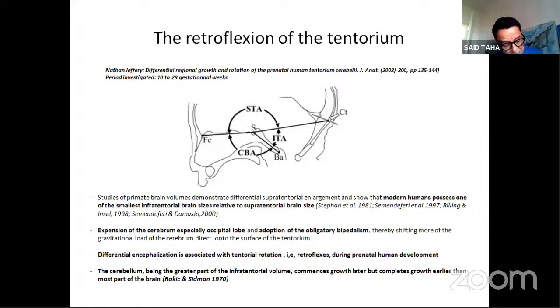So there is a dynamic phenomenon with the growth initially of the brain, and reduction of the growth of the brain, and the start of the growth of the cerebellum, and after the definitive growth of the cerebrum.